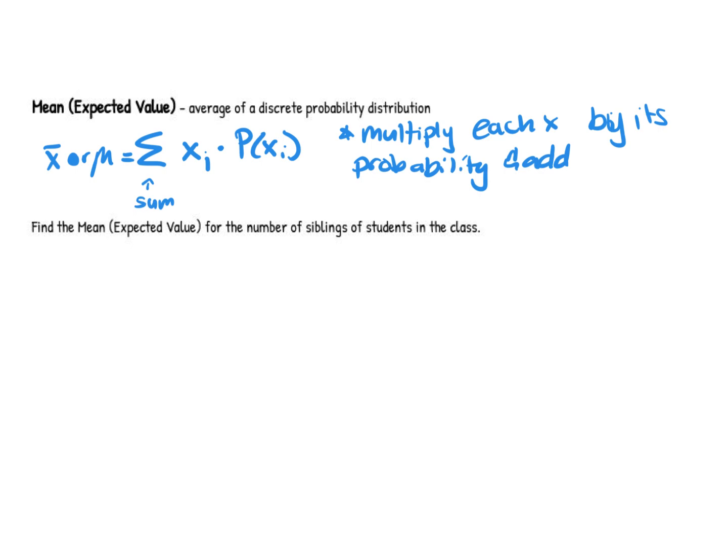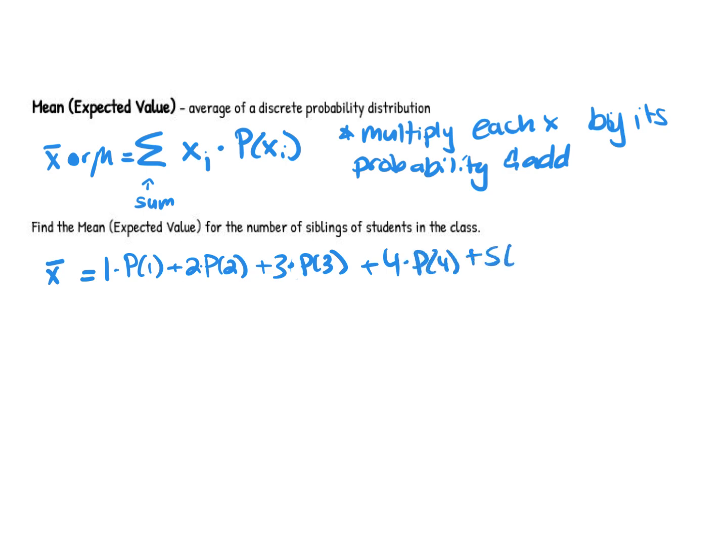So down here, our x bar is going to equal 1 times the probability of 1 plus 2 times the probability of 2 plus 3 times the probability of 3 plus 4 times the probability of 4 plus 5 times the probability of 5 plus 6 times the probability of 6.